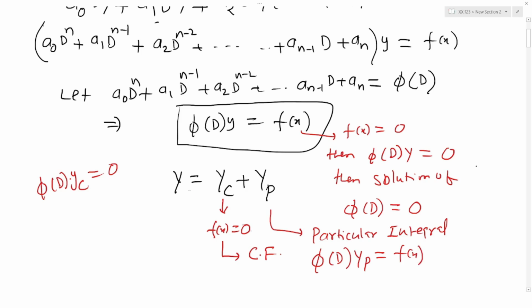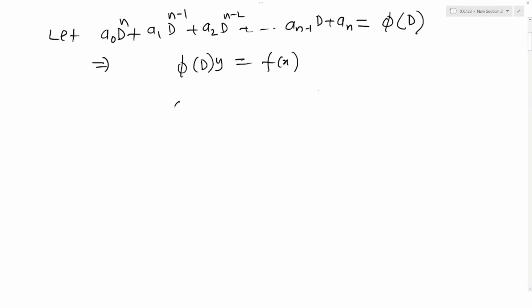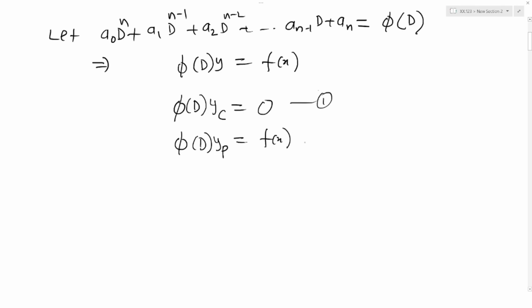So to find the solution of the given differential equation, we need to find yc and yp. So we have phi of D into yc equals 0 and phi of D into yp equals f of x. Call it the first and second equation. Now adding both of them, we get phi of D yc plus phi of D into yp equals f of x.